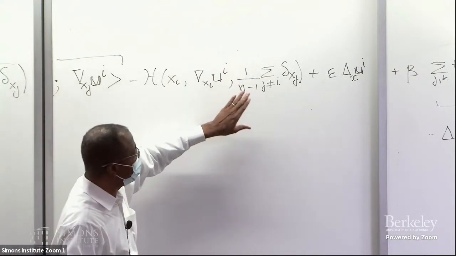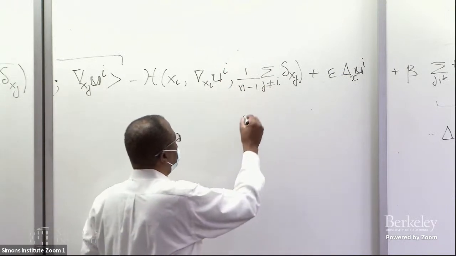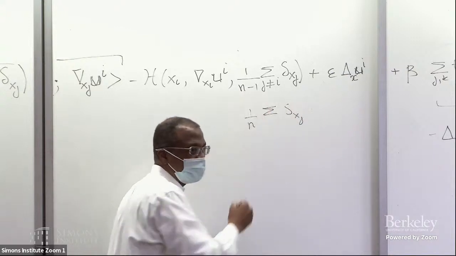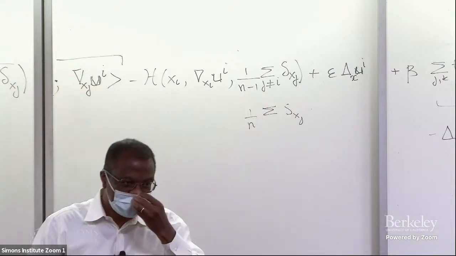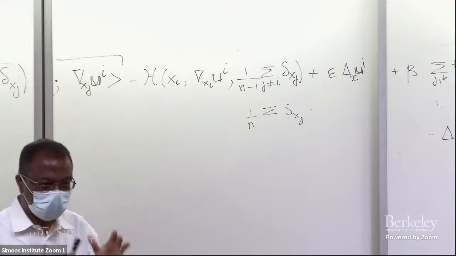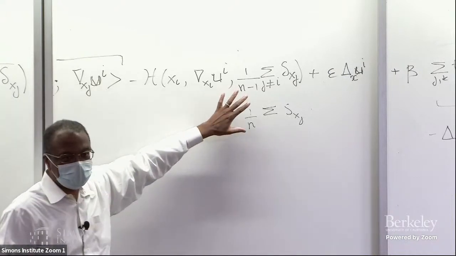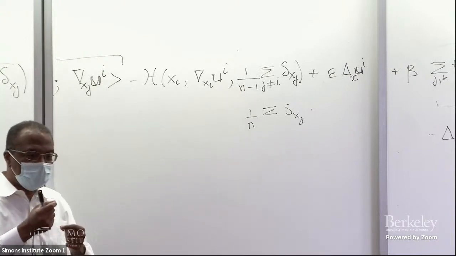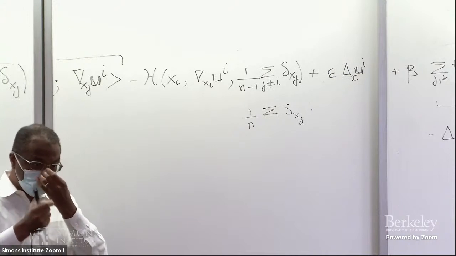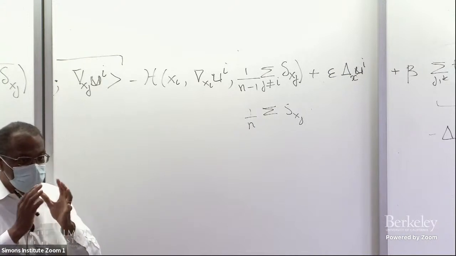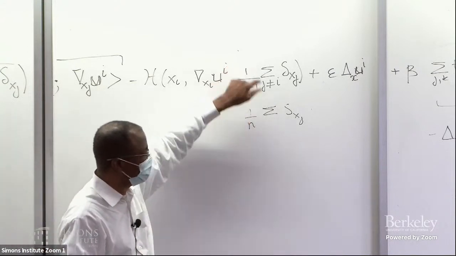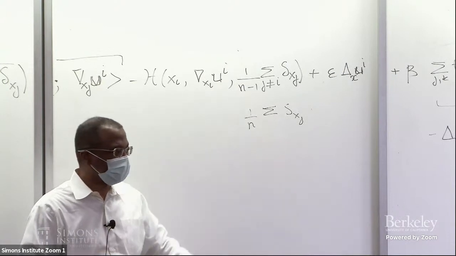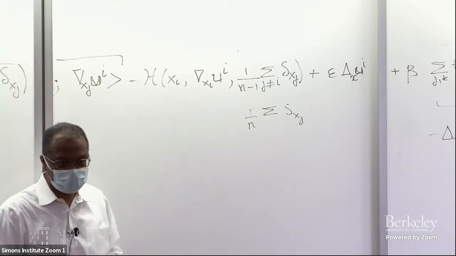If you replace this by 1 over n, sum delta s_j, then you get an easier problem. So the difficulty comes from this difference. And this is why when you are working with measures which are absolutely continuous, with measures which have no atom, you see no difference between this and that. And this is why you get existence of solution in that case.